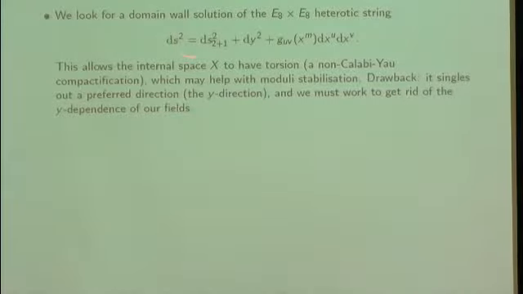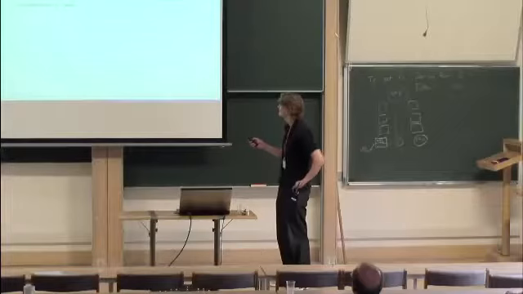Due to the fact that the setup is such that the compact part of your geometry will be given a torsion, that might help to stabilize moduli, we'll come to that later. There's a drawback though: a preferred direction is singled out, which is away from the domain wall, and you have to work to get rid of the y dependence of the fields.